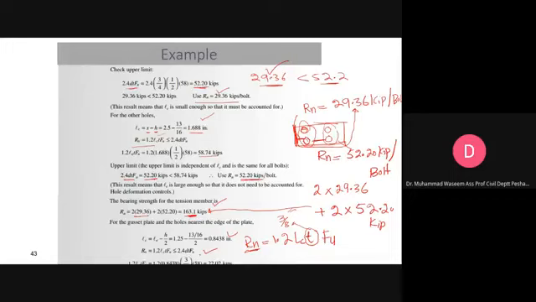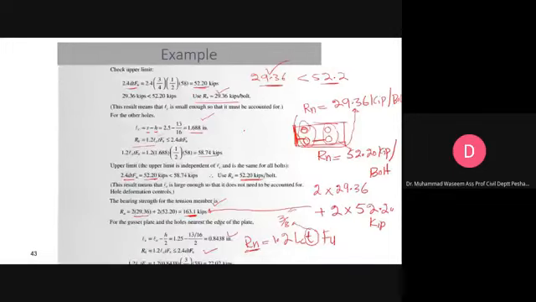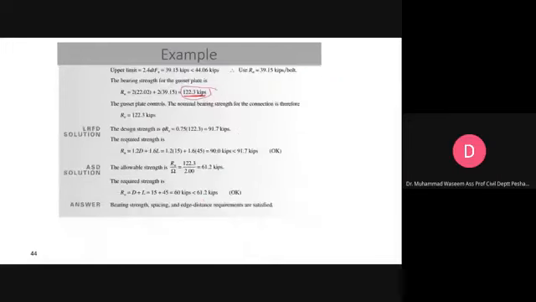So for the gusset plate, the total bearing strength of the bolts is 122.3 kips, and for the tension member, it came out to be 163. So what do you think? What will be the controlling value of bearing strength of bolts in this case? 163? No, 122. This will reach first.